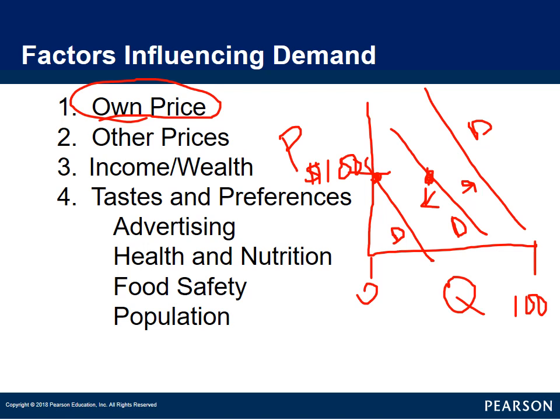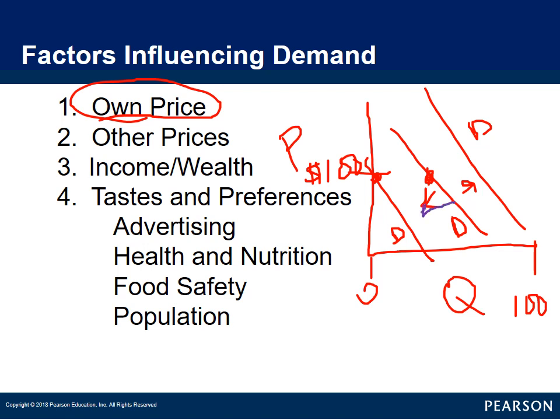Health and nutrition: if they tag a specific food, say blueberries or strawberries, as a superfood, the demand for that could increase. Likewise, if they found that a particular food causes a problem, the demand could shift to the left and decrease. If there's a food safety issue, let's say there's a salmonella outbreak in a chicken processing factory, the demand for that product would decrease.